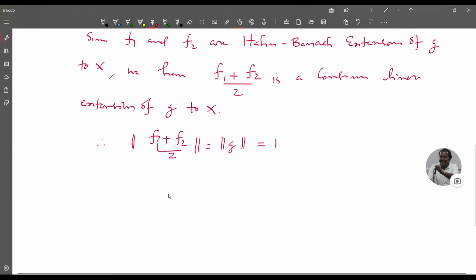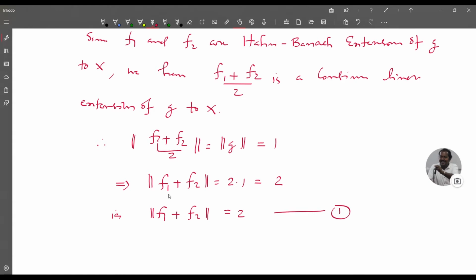So this implies norm of F1 plus F2 equals 2 into 1, taking this 2 to this side, so this is equal to 2, that is, norm of F1 plus F2 equals 2. Take this as equation 1.